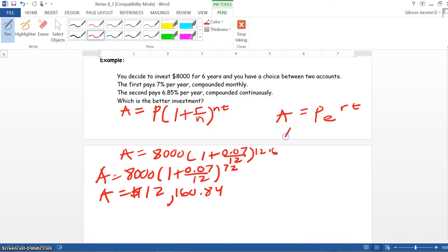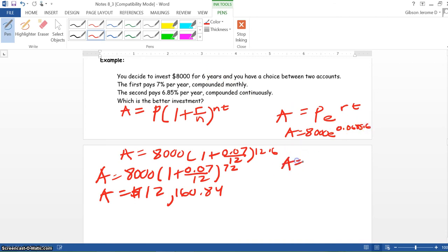Now we go to this next account. We substitute. We will add 8,000 for P, r is 0.07, and t is 6 years. Actually, I made a little error here with r. There's a different r for this one compounded continuously. It's 6.85, so it's 0.0685 times t, which is still 6 years.